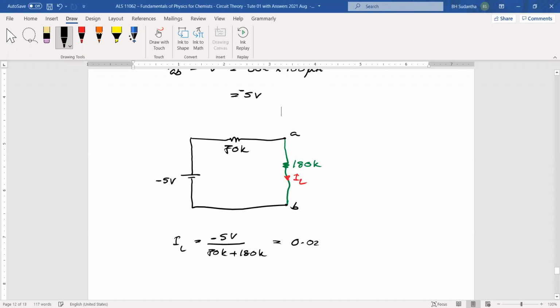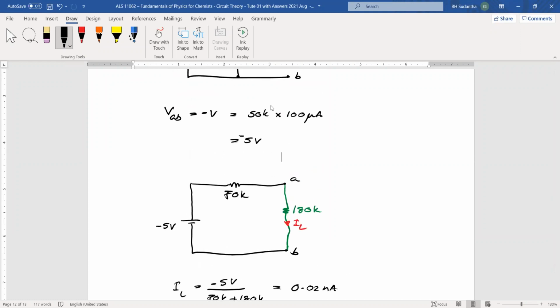Excuse me, sir. Should that be minus 5K volts or just 5 volts? Okay. Actually, this is 5 into 10 to the power 3. This is 100 into 10 to the power minus 6. Then, sorry, it's 50.